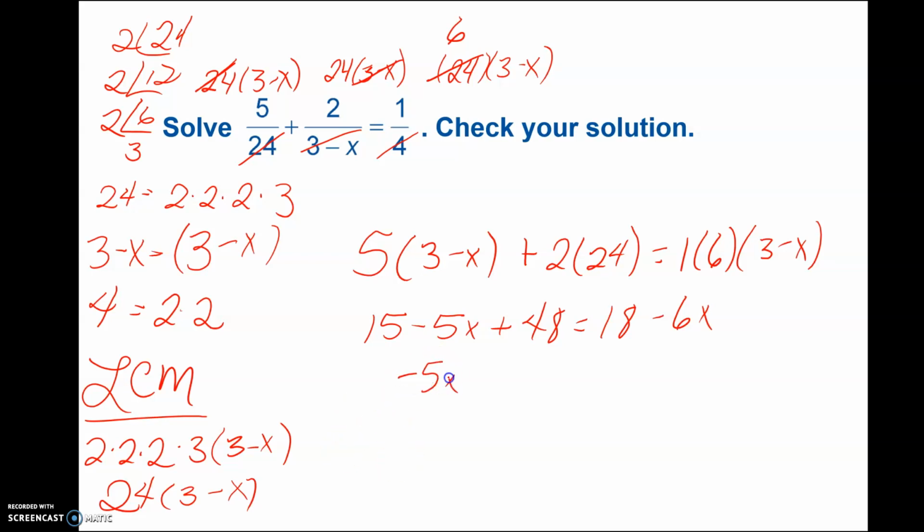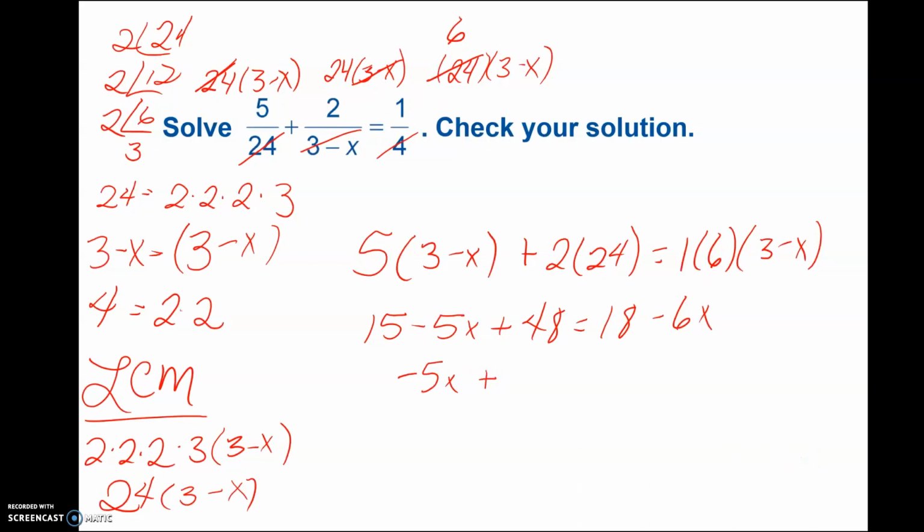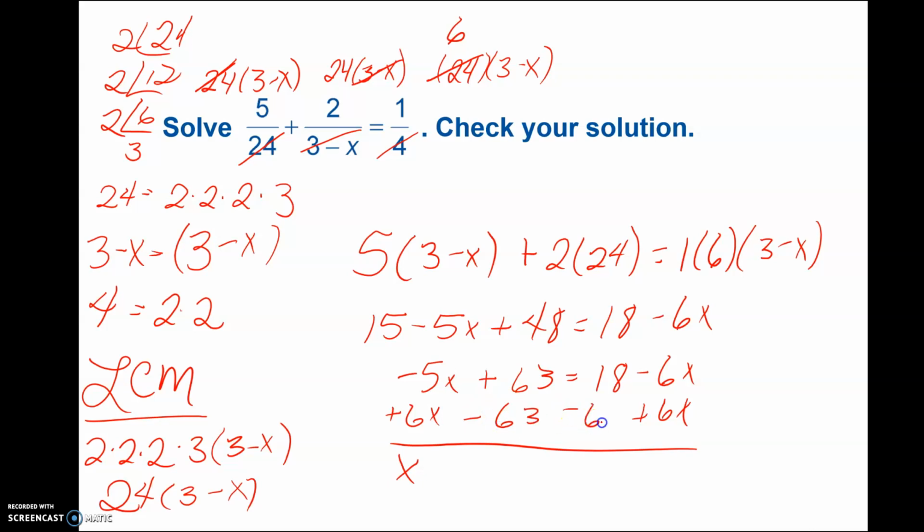Negative 5x plus 63 equals 18 minus 6x. Let's add the 6x over and subtract 63.